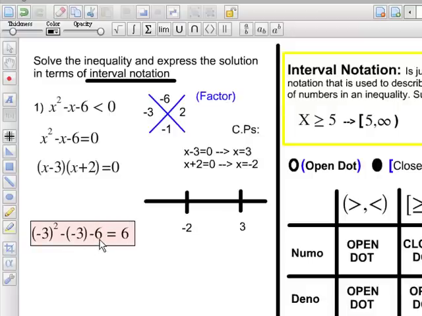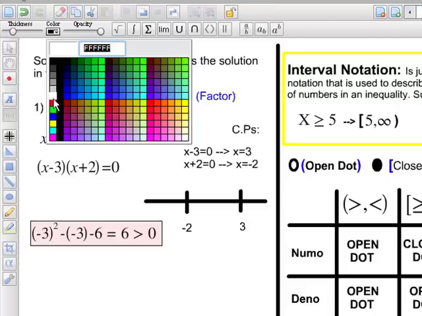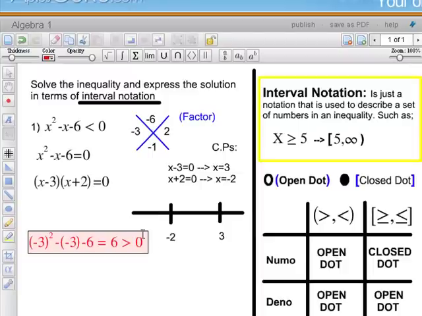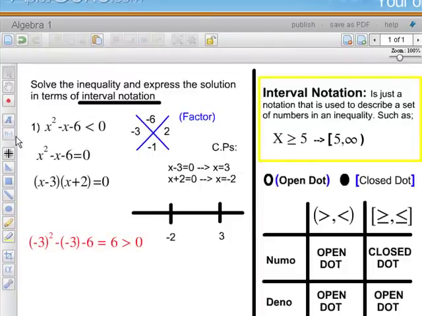Now 6 is not equal to 0, but is in fact greater than 0, so this is not a true statement for us. I'm going to highlight it as red. This area right here is not true for us.